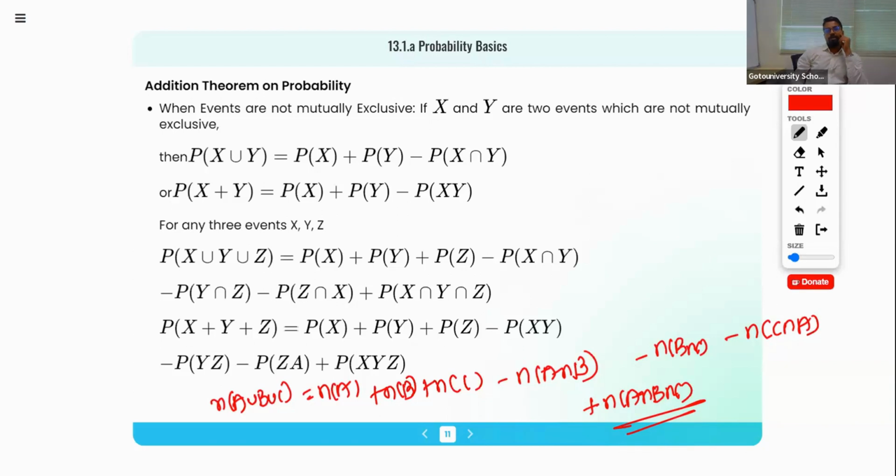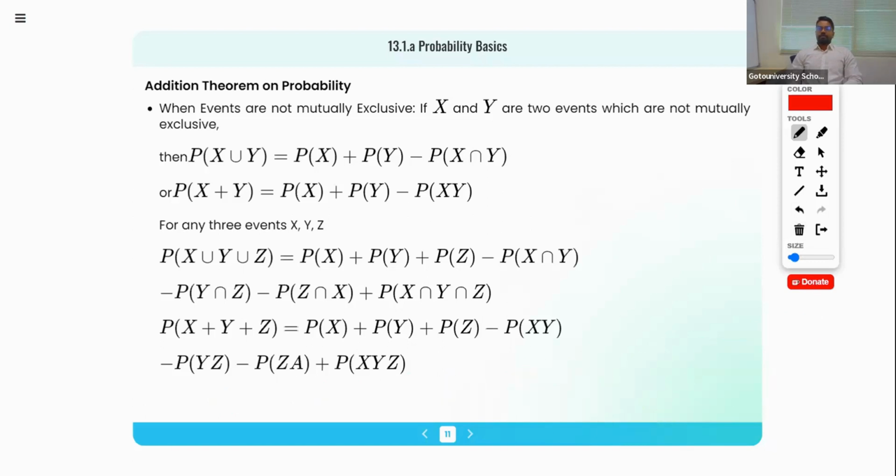P of X union Y union Z can be written as P of X plus P of Y plus P of Z minus P of X intersection Y minus P of Y intersection Z minus P of Z intersection X, plus, because it becomes minus of minus, plus P of X intersection Y intersection Z.